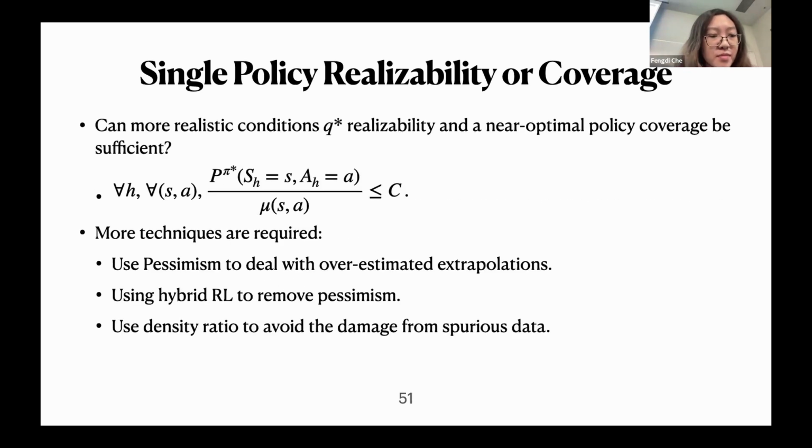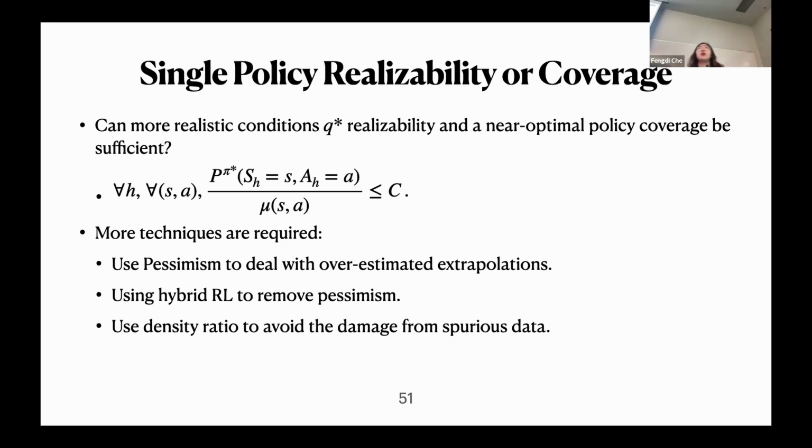And in this case, people realize we need to use very advanced algorithms. When we only have one policy coverage, we have so many extrapolation during our learning. An issue that always bothers us is overestimation of extrapolation. And people really need pessimism.